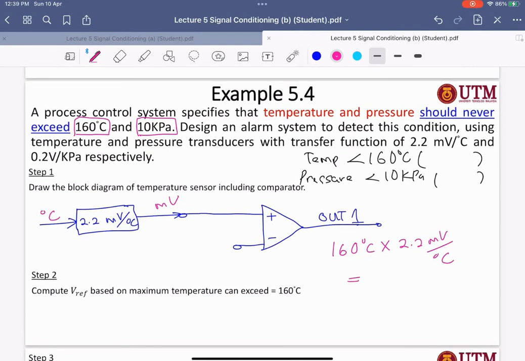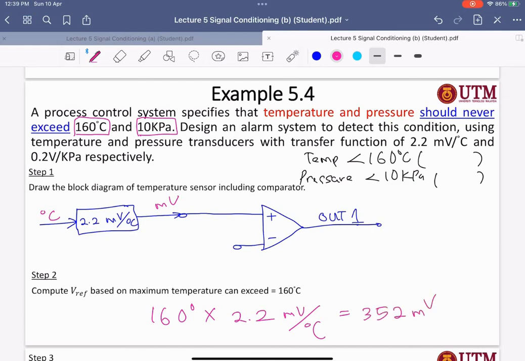The value, 160 degrees times 2.2 millivolt per degree. What is this value, guys? Johnny already got it. Wow, 352 millivolt. That means the level that you want to set, 160 degrees, is equal to 352 millivolt.